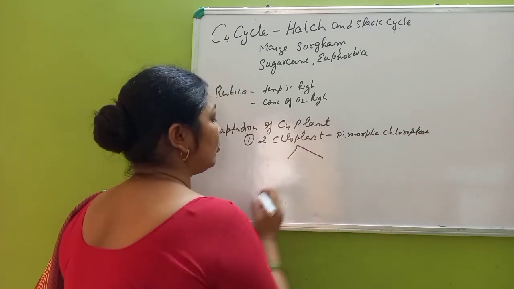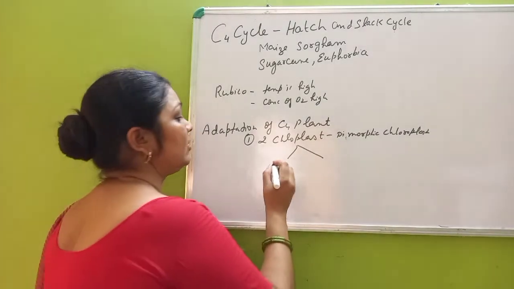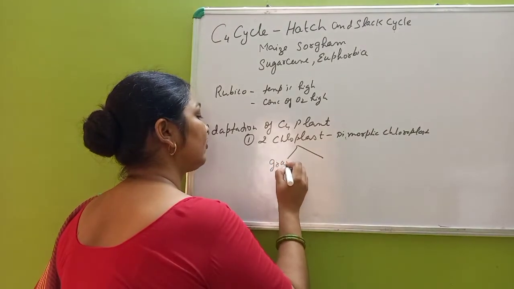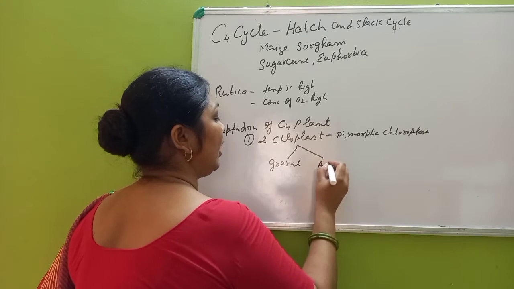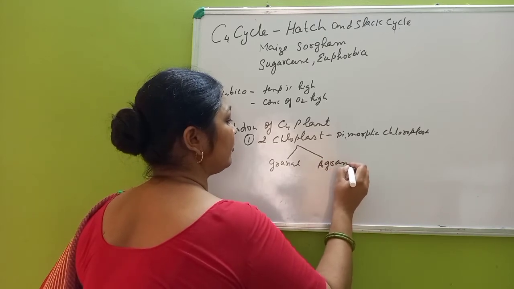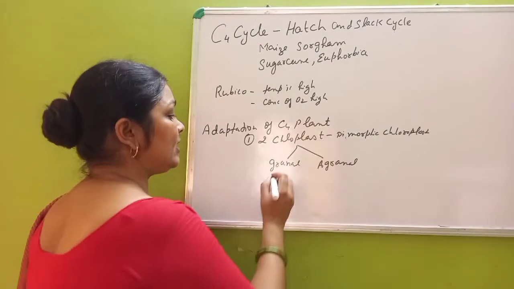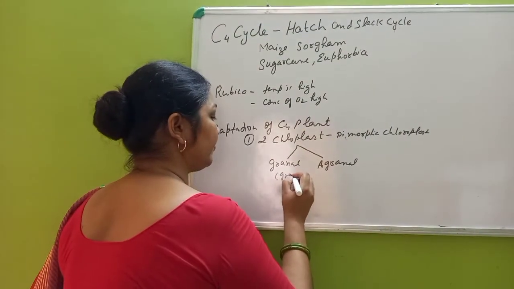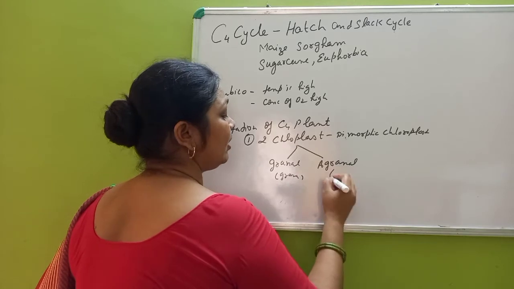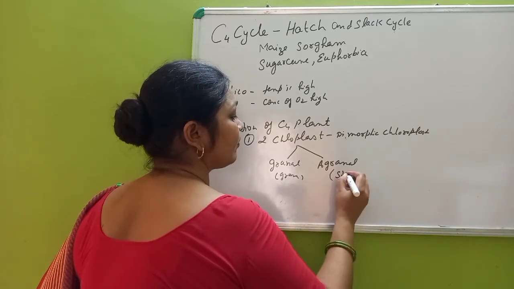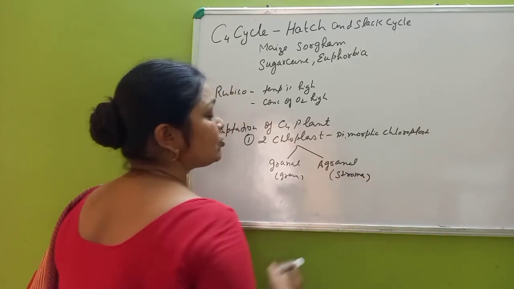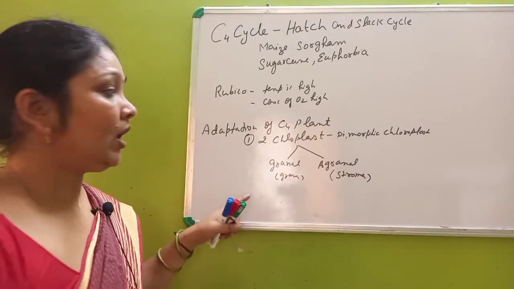The two types of chloroplasts present are granular and agranular. In granular chloroplast, the grana is present, whereas in agranular chloroplast, grana is absent and only stroma is present.